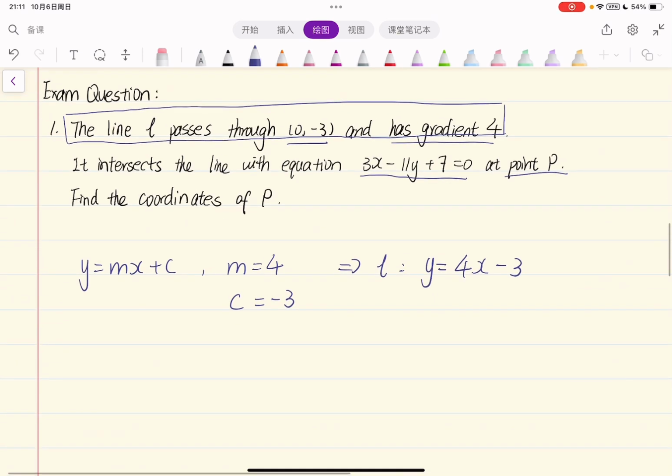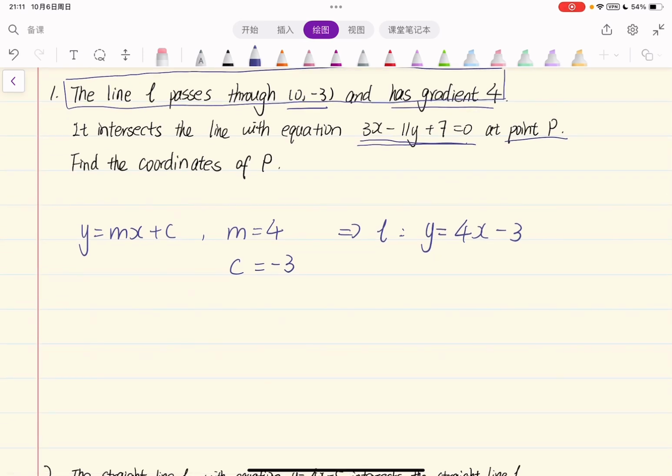Then we know that the line L intersects the line with equation 3x minus 11y plus 7 equals 0 at point P. So we need to find the coordinates of that. What we can do is substitute y equals 4x minus 3 into this equation. So we have 3x minus 11 times (4x minus 3) plus 7 equals 0.